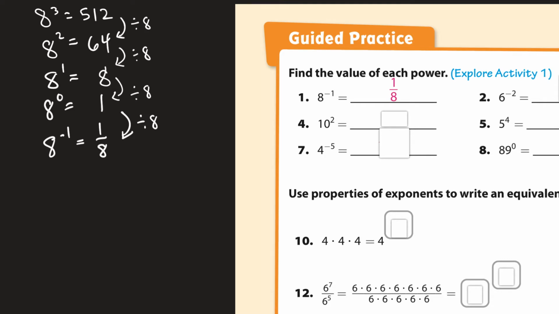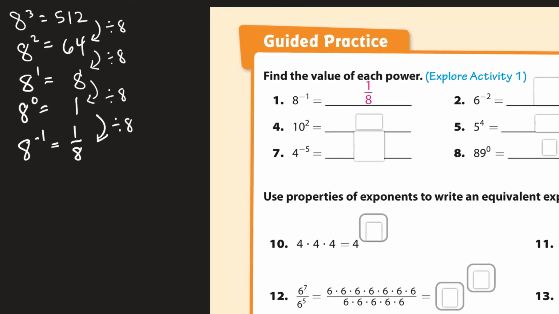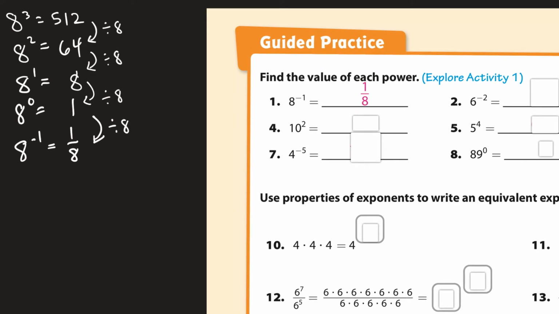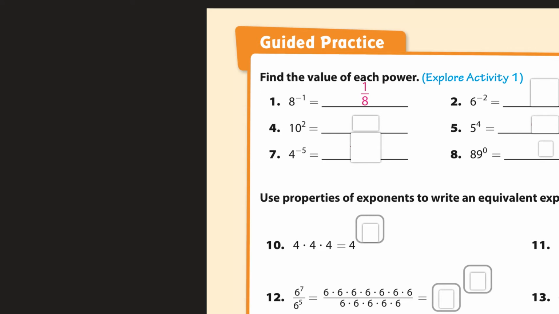Now, the next one is 6 to the negative second power. I'm going to spend a little bit of time explaining this one, and then you'll see what's happening here. So I'll erase this. Let's go 6 to the second. That's 6 times 6, which is 36. 6 to the first is just 6.